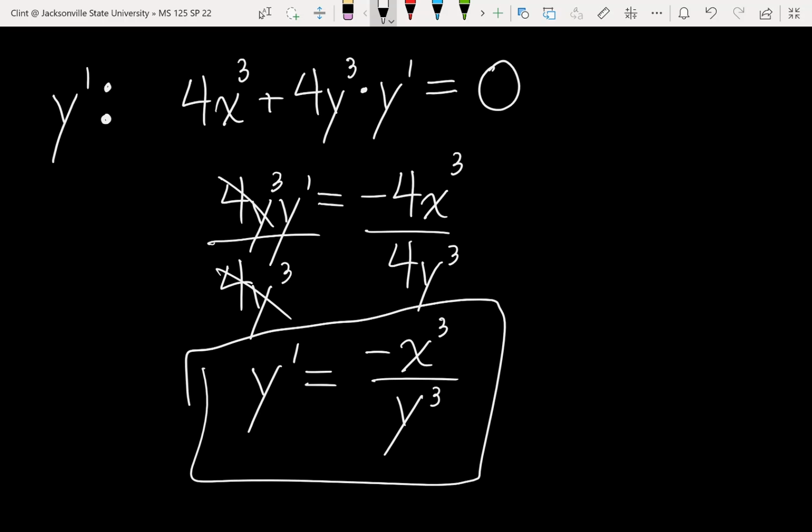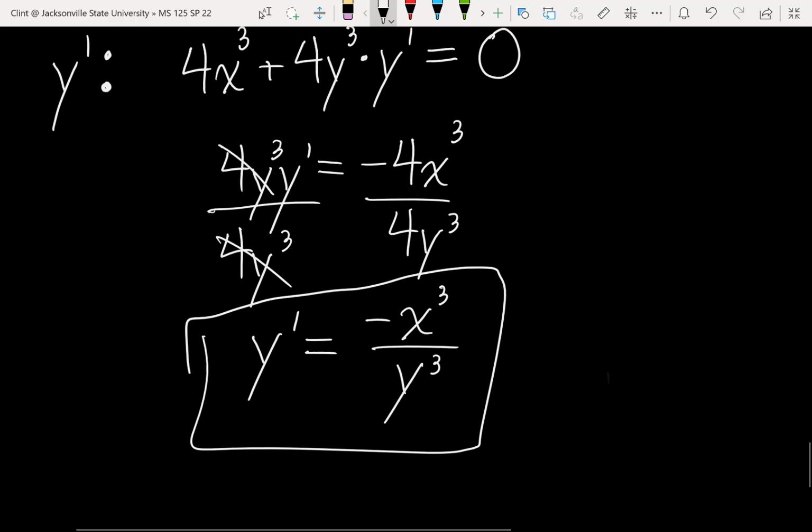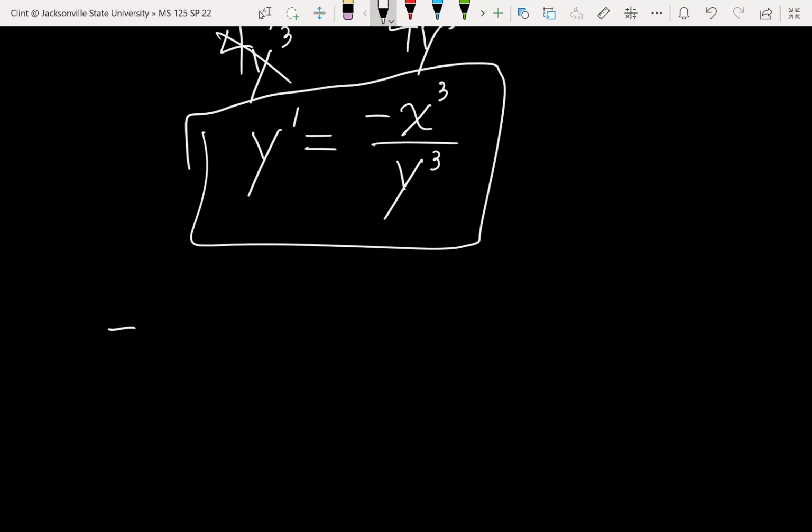To take the second derivative, how do you find the second derivative of a function in general? You take the derivative of the derivative. So now we'll take the derivative of negative x cubed over y cubed. To do that, I have to use the quotient rule.